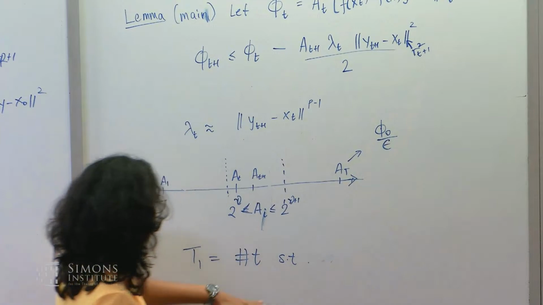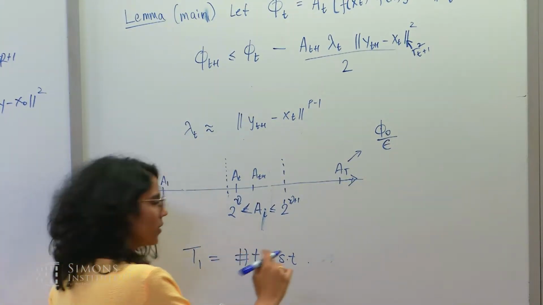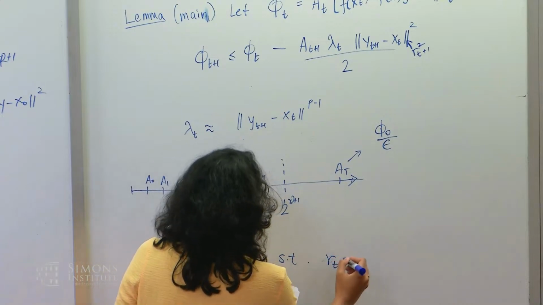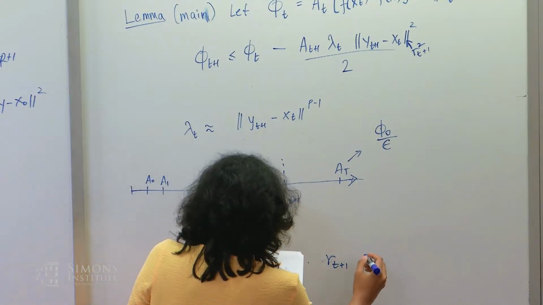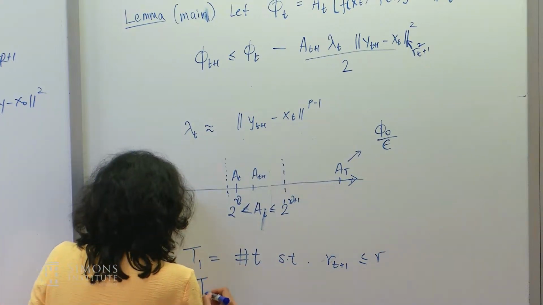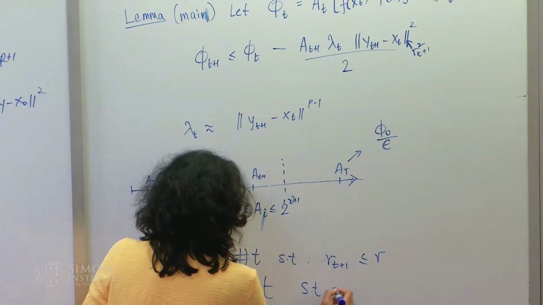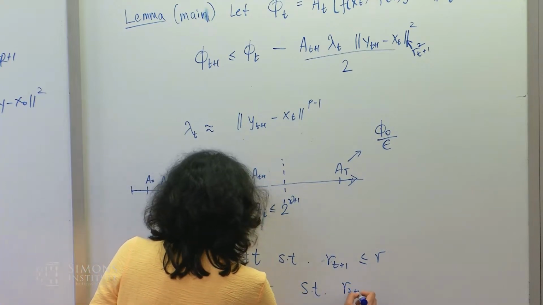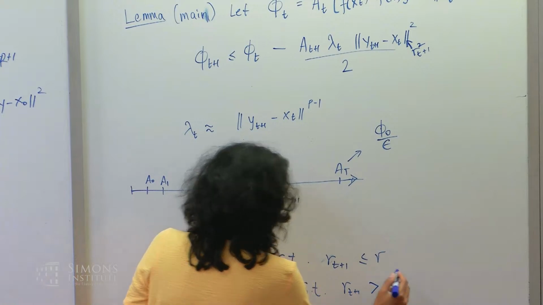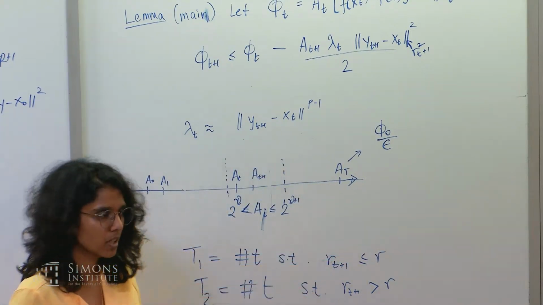So I'm going to classify this into 2 parts. One is T1, the total number of iterates such that this R_{t+1} is less than some threshold R, which I'll choose later. And T2 is the number where it is greater than R. And we'll just see how many of each you can have.